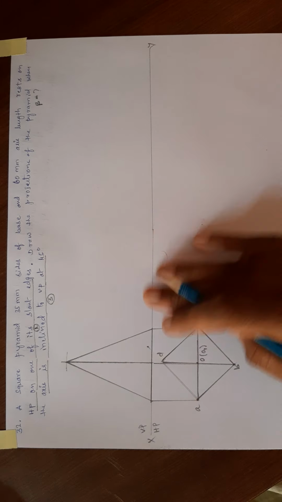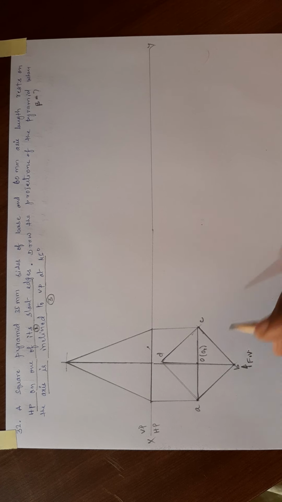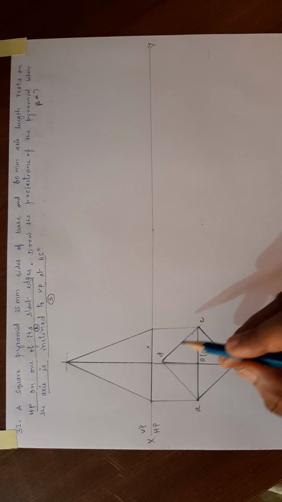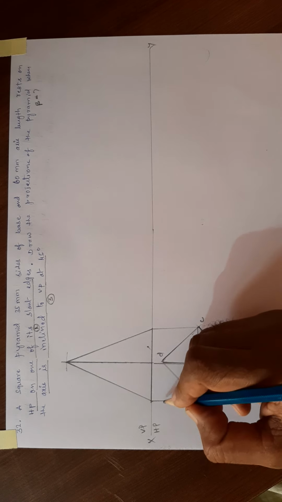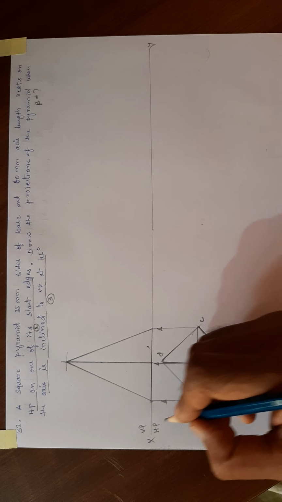Then name the corners in the front view. Now see, this is the front view, and A, B, C are visible, D is invisible. So A dash, now see these are vertical projector lines.